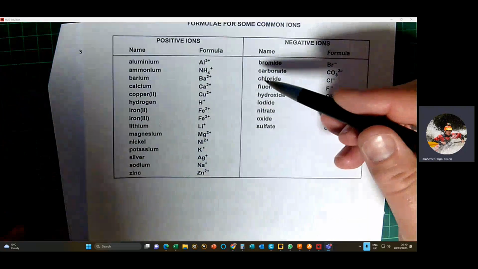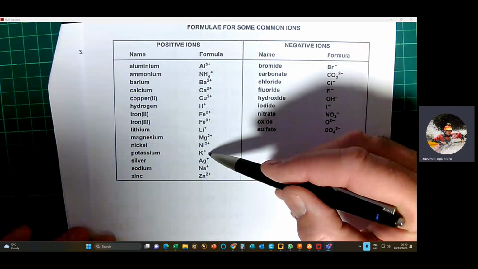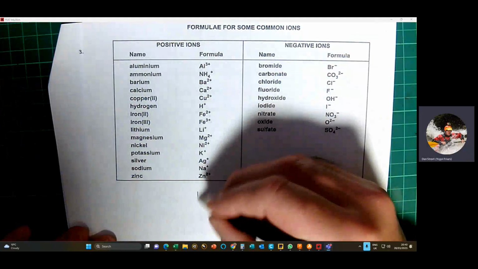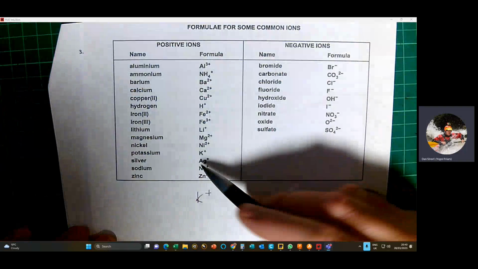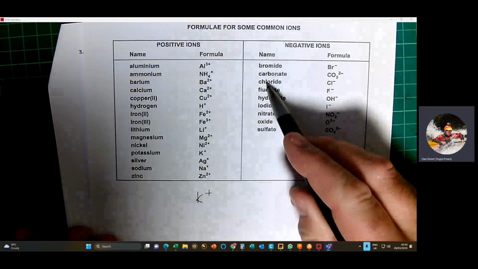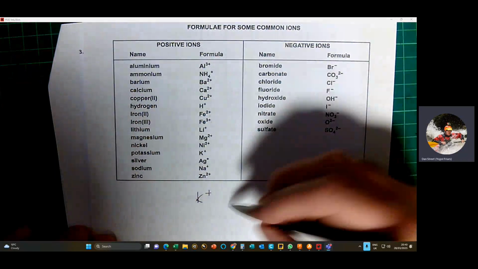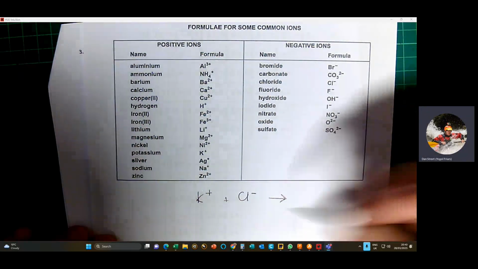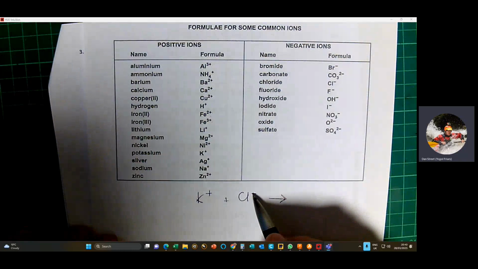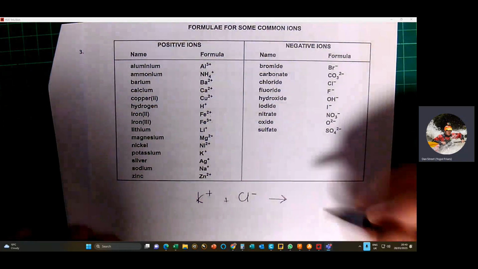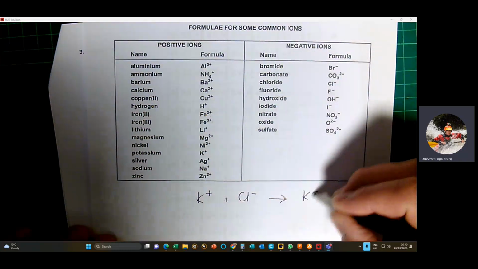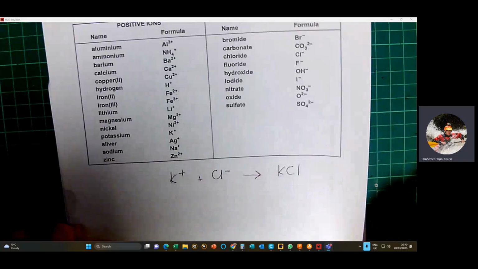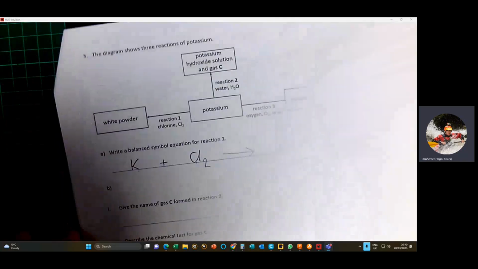So what we need to do is find potassium, which is here, and potassium is K+. And if we find chloride, because when it reacts it becomes chloride, and that's Cl-, and we can see that these 2 ions are oppositely charged and they cancel each other out. So the formula is simply KCl. There's no need for any balancing numbers for that one.